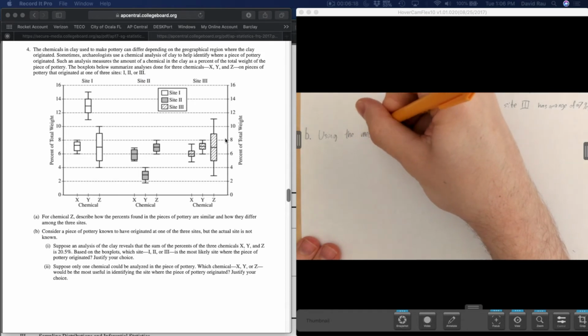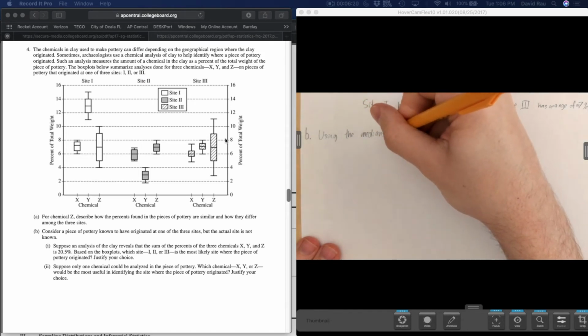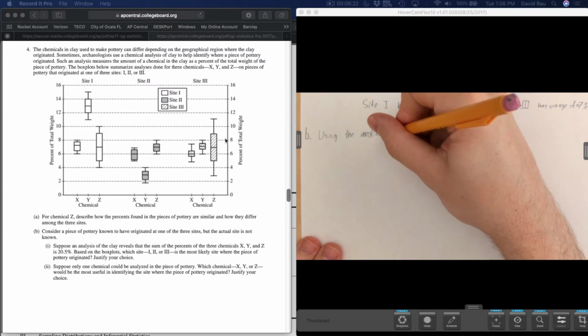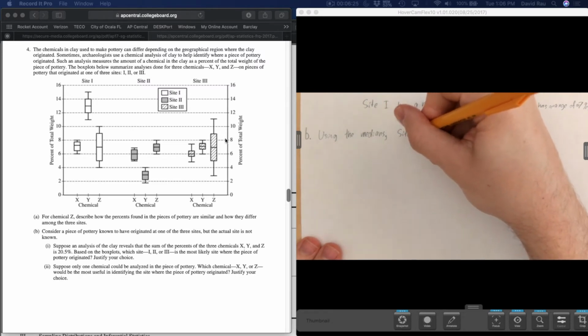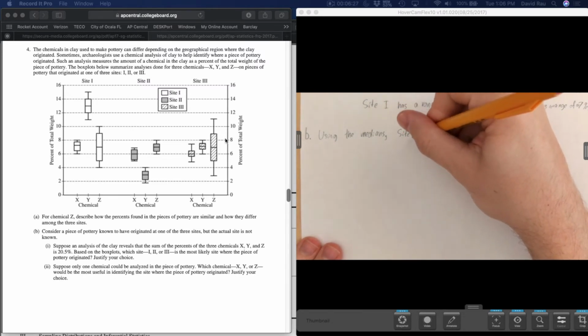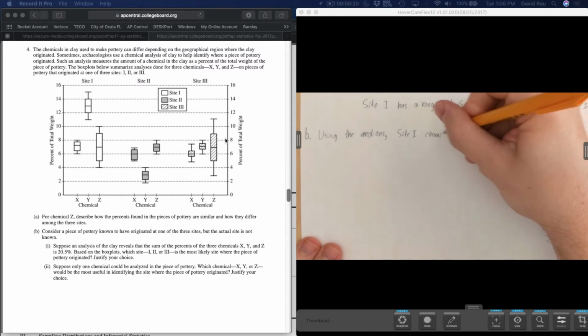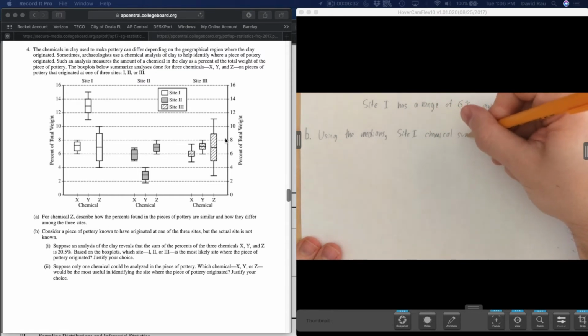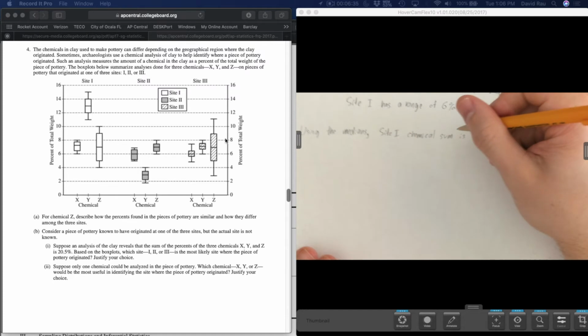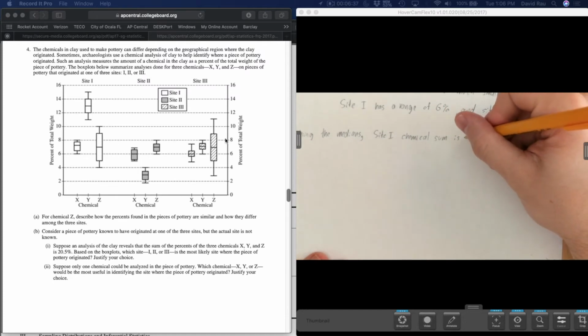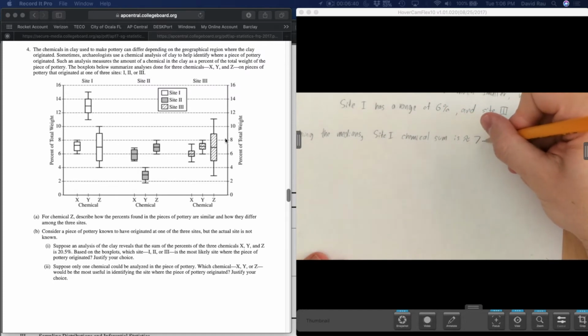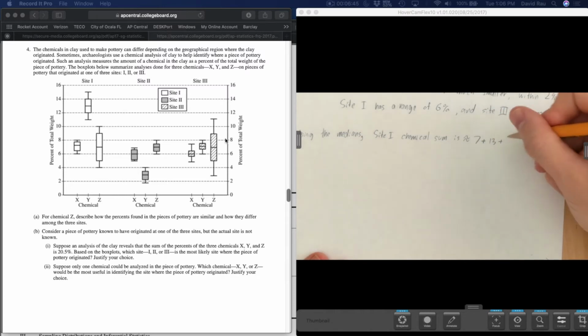Okay, so I'll say using the medians, site 1 chemical sum is approximately 7 for X, 13 for Y, and about 7 again, so it's about 27%.